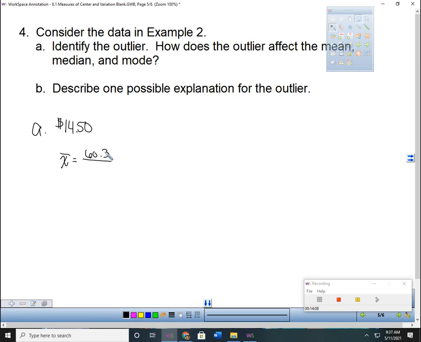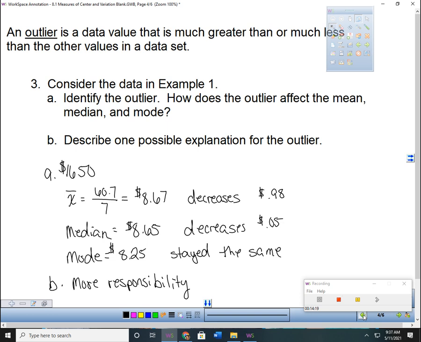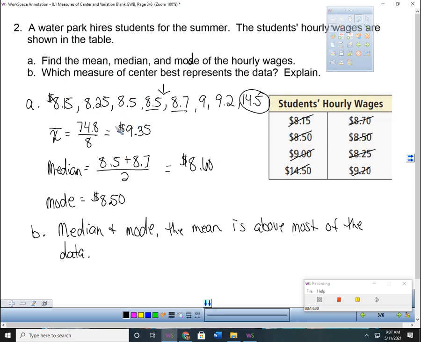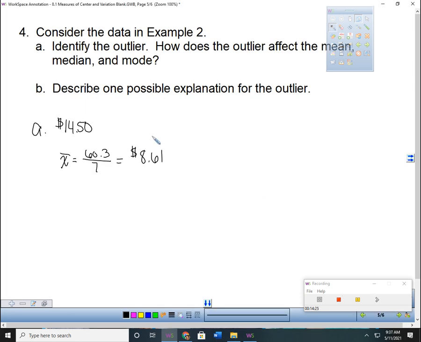And I no longer have 8 terms. If I take that out, I only have 7. If I divide that, that gives me $8.61 as my average. So removing the outlier, I was at 9.35 for the average. I'm now at 8.61. So that decreases the average by 74 cents.